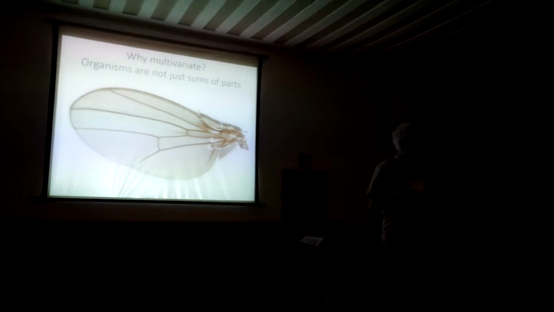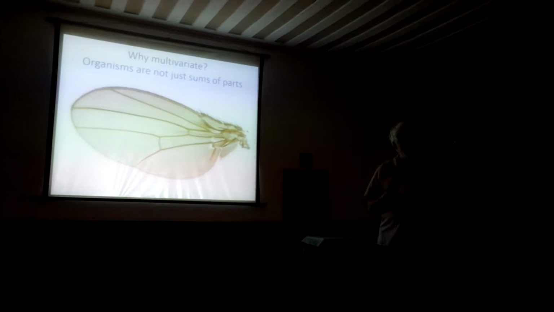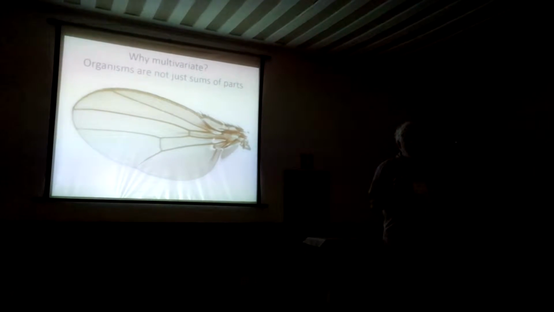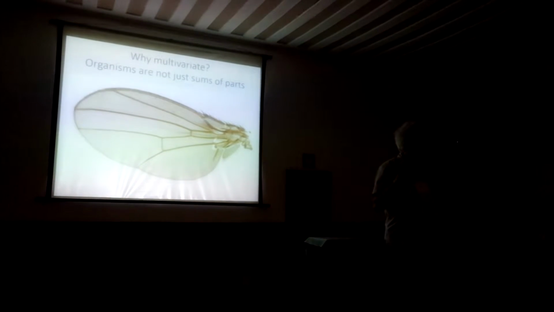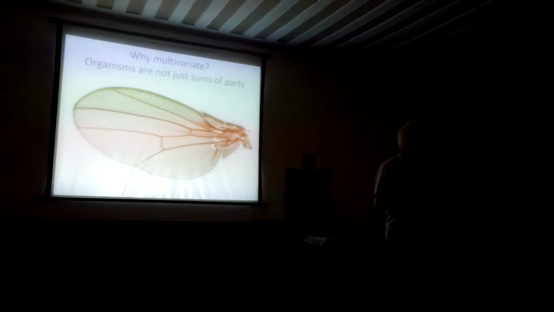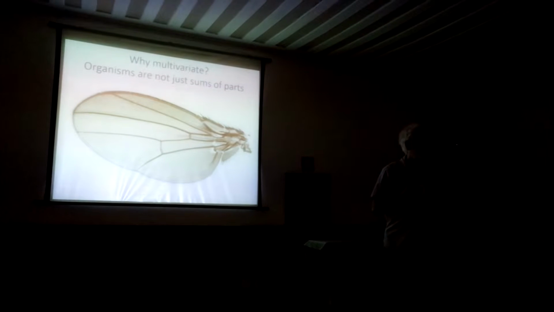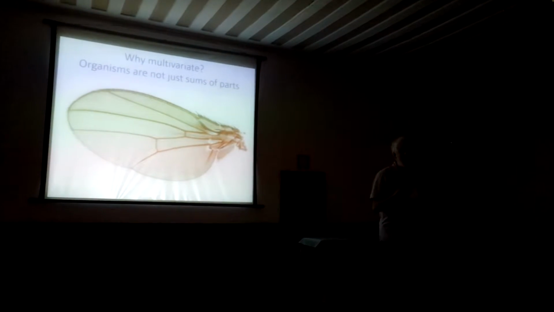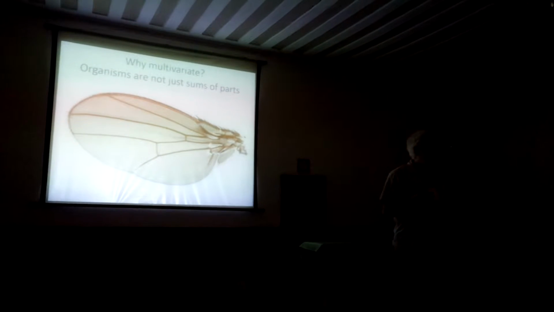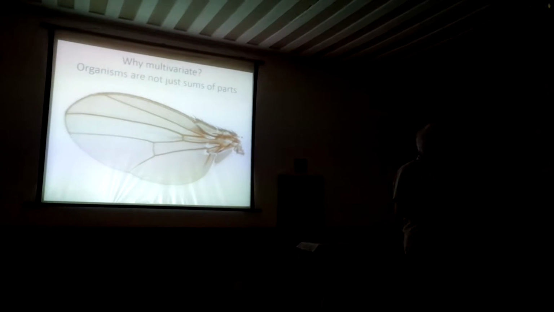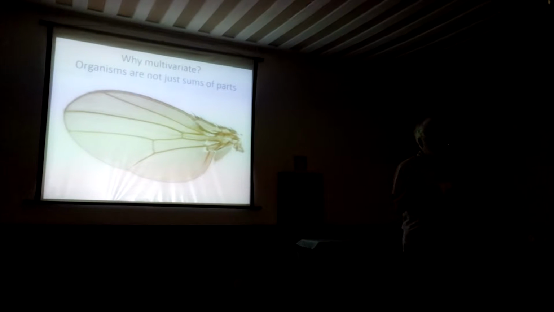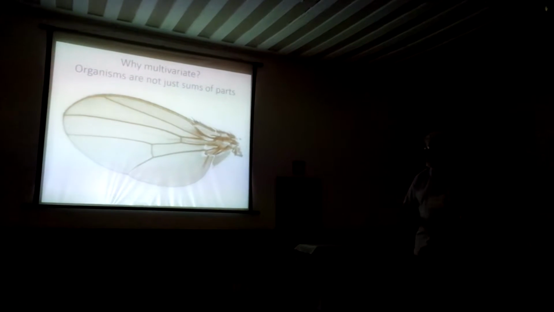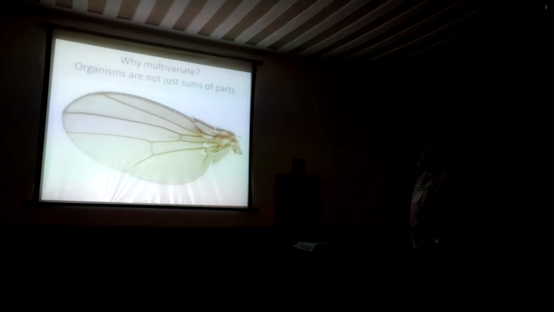So if you were picking a whole series of unrelated traits that you could imagine were genetically independent of one another, it might make sense to think of them as, oh, I wonder if this one has, I wonder if this one has. But really, most things on organisms, say the metabolome, you literally cannot change one element there without having impacts elsewhere. So again, the univariate approach just doesn't make sense.